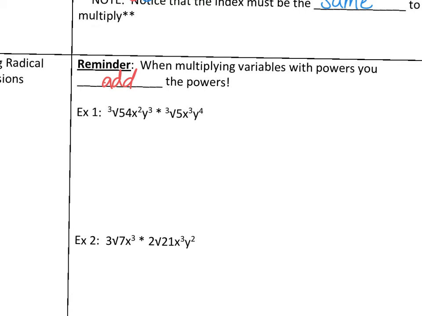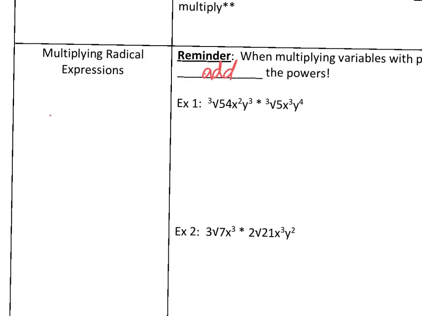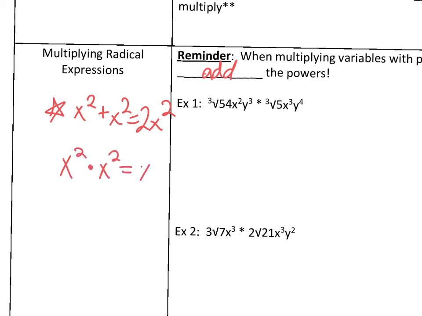So make sure you know the difference. Let's write that over in the side notes: x squared plus x squared equals 2x squared, but x squared times x squared equals x to the 4th.